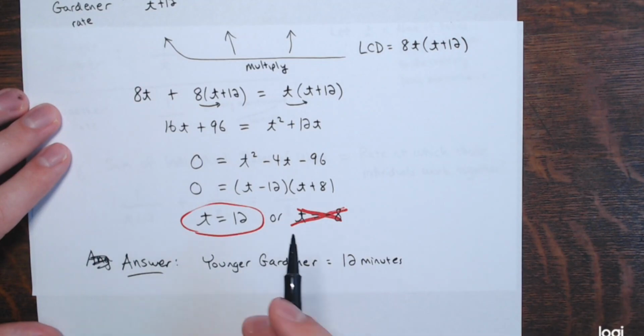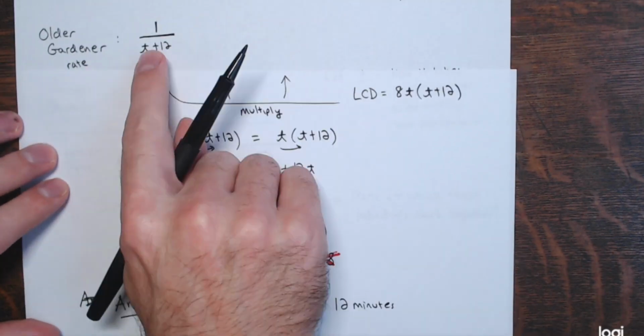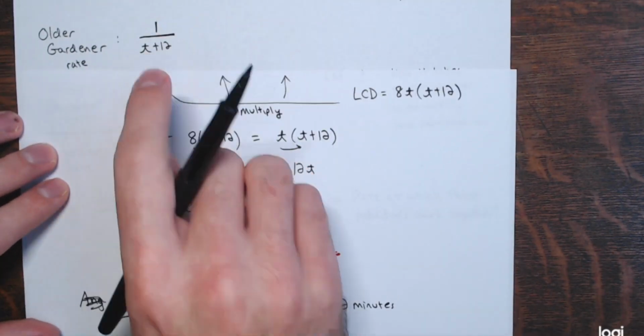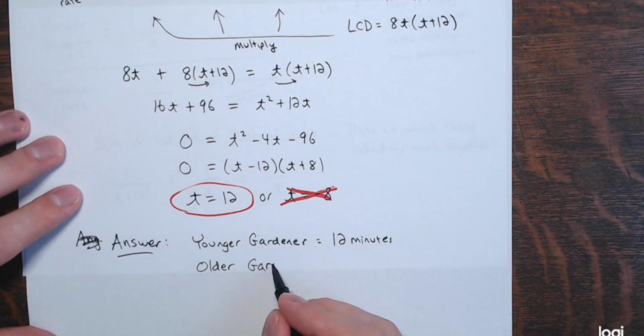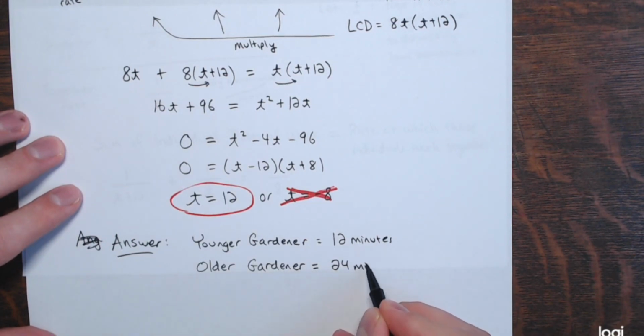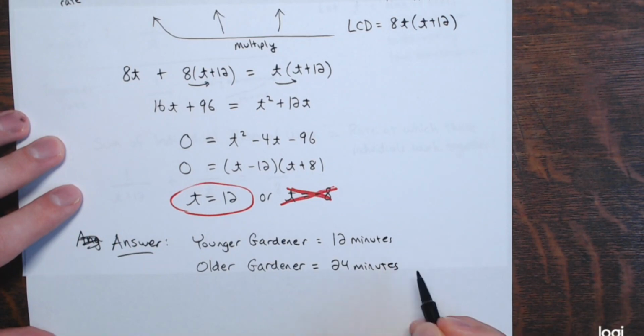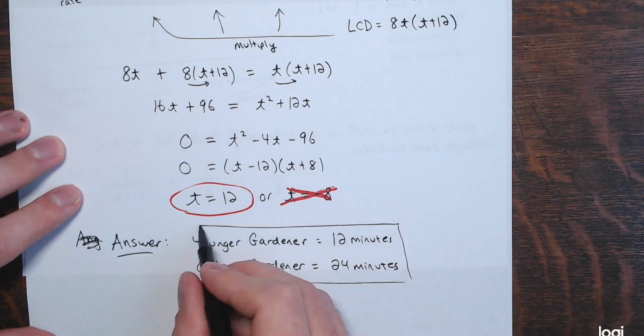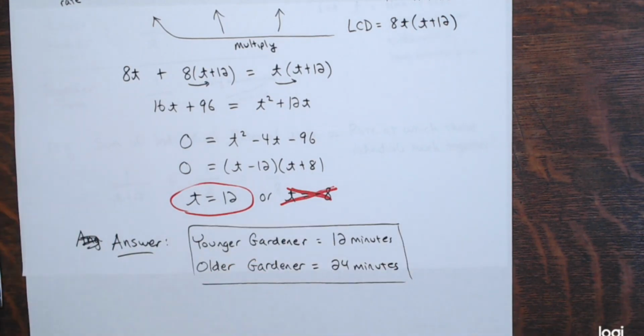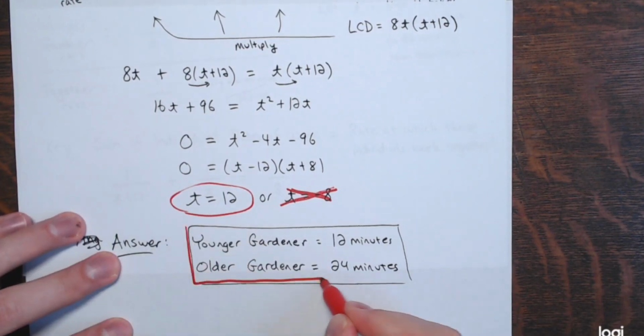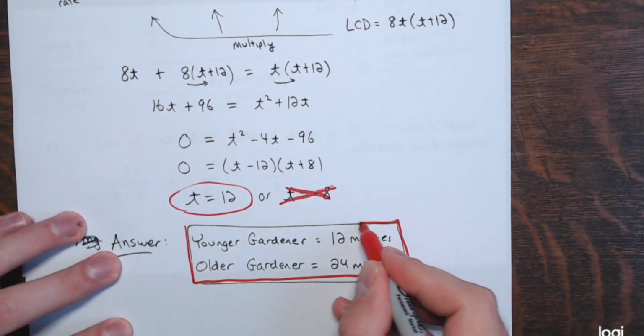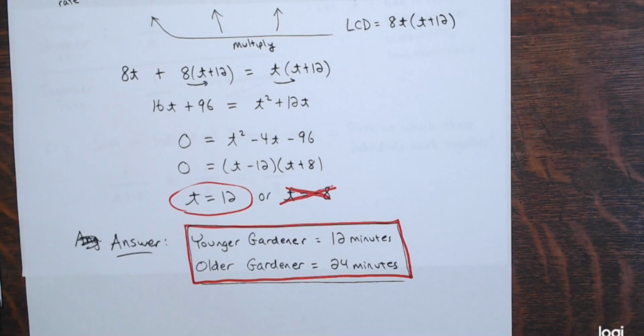And then they said that the older gardener takes 12 more minutes, so just T plus 12, as I wrote up earlier. T plus 12 for the time it takes the older gardener to complete the job. So the older gardener would take 24 minutes to complete the job by himself, or by herself, or themselves. Okay. And that's it. Wonderful.